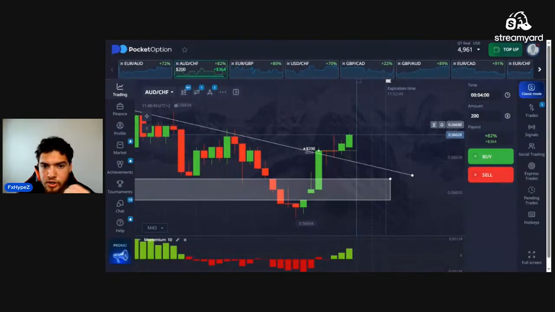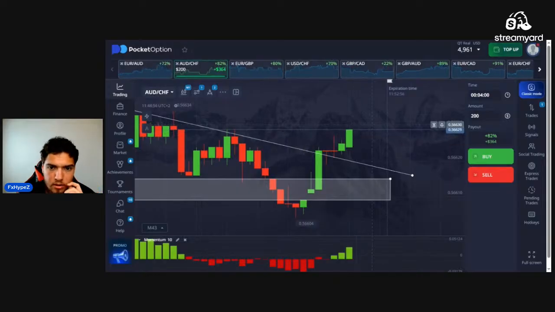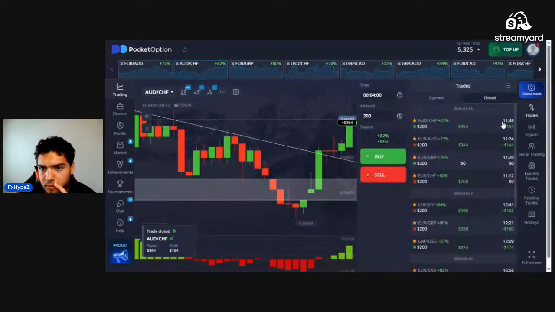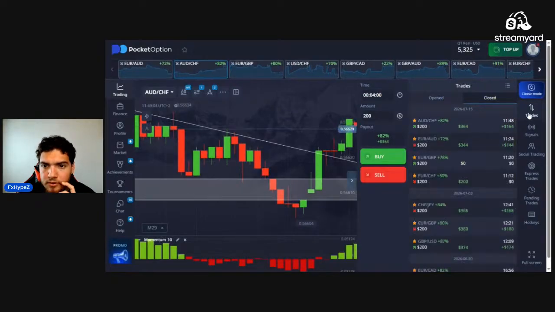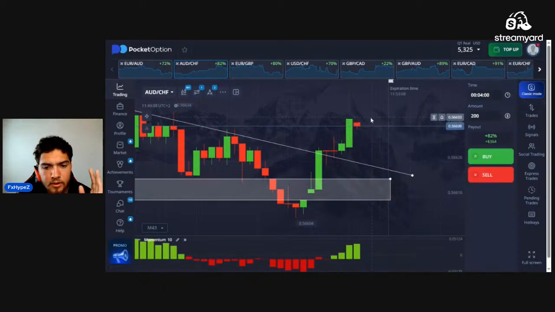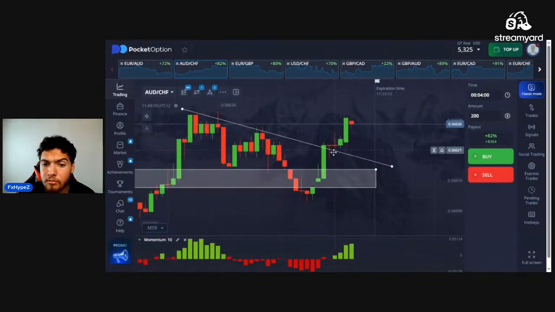Beautiful break of structure. As sweet as you'd like. Very nice trade. Gradual rise to the upside. Yeah, what was that? 4 points? 6 points. Cool. I'm very satisfied with that trade. An 82% payout.